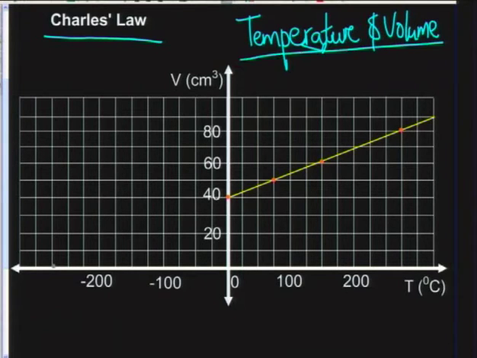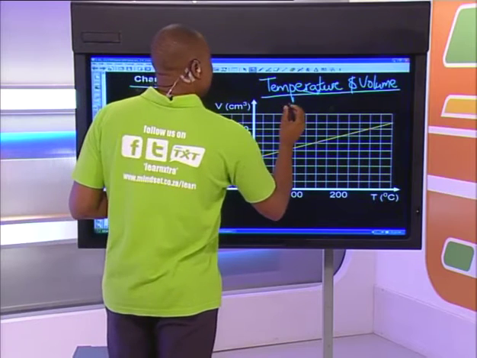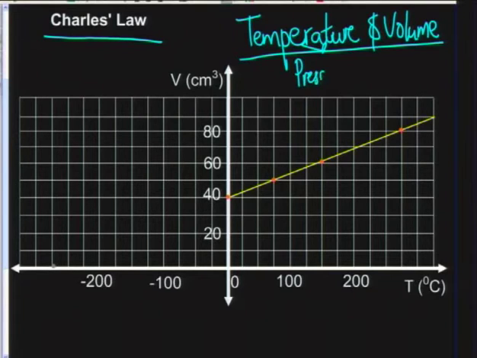Now, like I said earlier on, we are looking at the relationship between temperature and volume. Which quantity must be kept constant? It would mean that you need to keep the pressure constant and what? Pressure constant and number of moles of that gas must be kept constant.